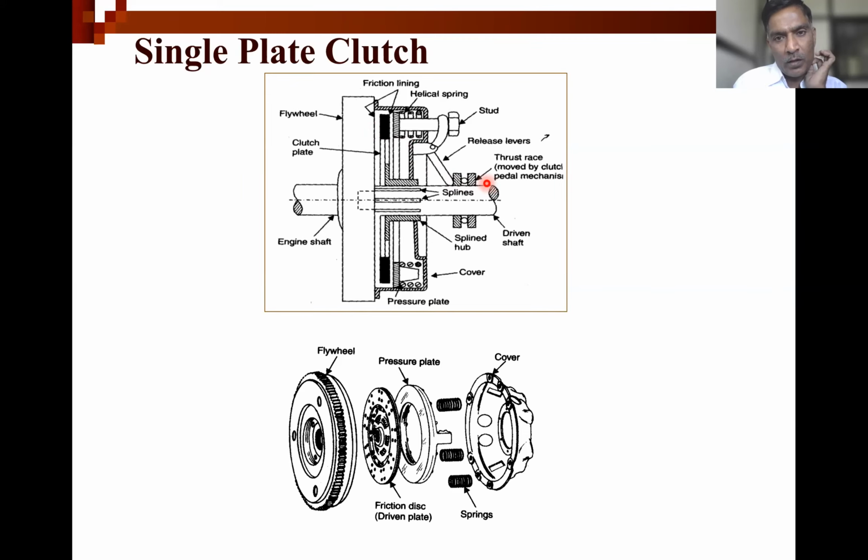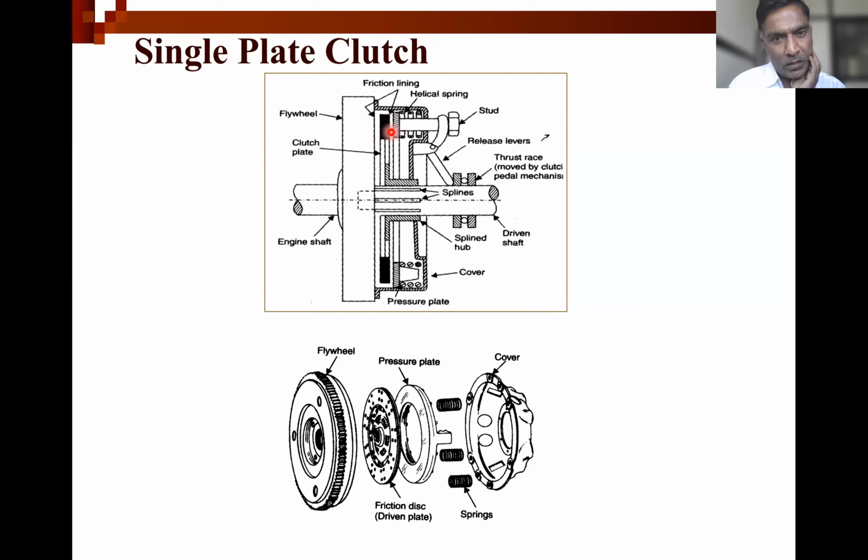So a driver has to apply thrust, some force, via that clutch pedal, and this one is the pivot point. त्याच्यामुळे काय होईल, हा thrust bearing वर जर फोर्स अप्लाय केला तर हा जो स्टड आहे it will provide compression to this helical spring.